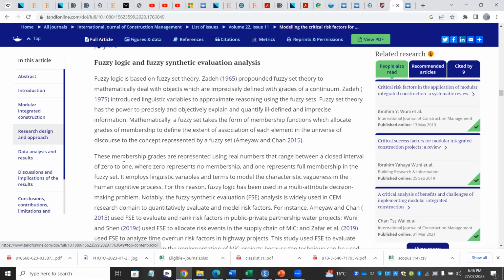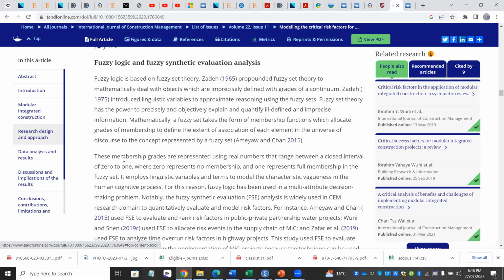I will take another paper. In the second video, I will take Dr. Robert's paper. And then in the third video, I'll take the Akomea-Frimpong paper. By the time I go through these 3 papers with you, I'm hopeful that you grab a lot, which will help you to do your fuzzy synthetic evaluation.